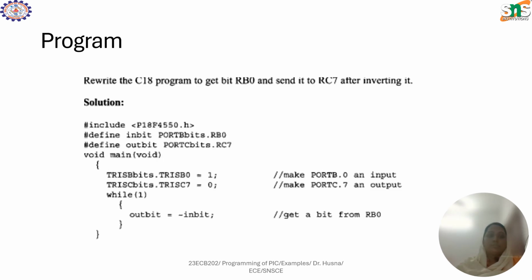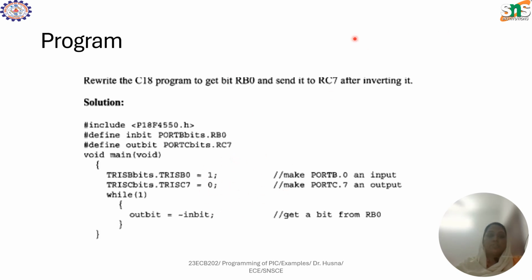Here is one more program, to read RB0 to RB7 and invert them. So I have to invert the value. Initially we have configured the input port, and here you can see we are configuring the bits bit by bit, initially RB0, and again the C port, RC7, as an output port.